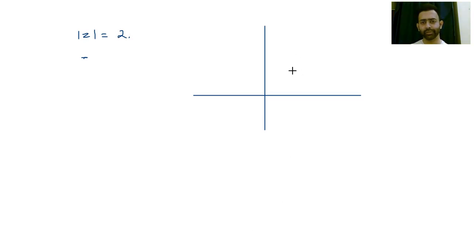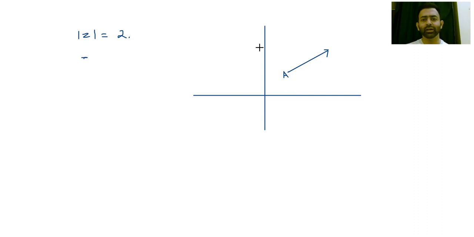If I'm talking about the magnitude, I have to take an initial and a final point. Suppose this is my complex number, so I have this magnitude with reference to this initial point. Let us say this point is a. With respect to this initial point a, its magnitude is 2. So what is this point a? This we have to determine in this definition.